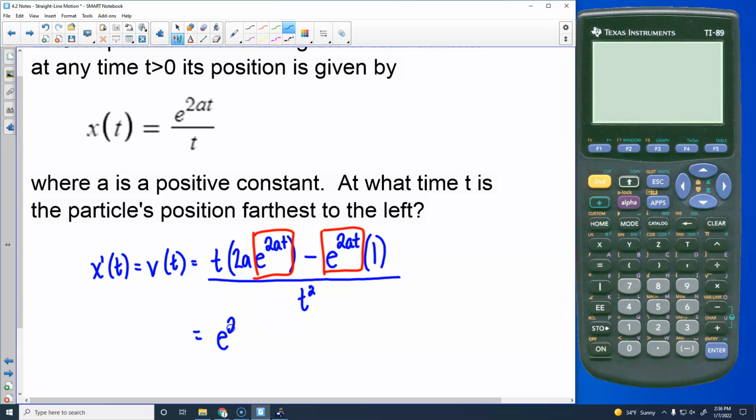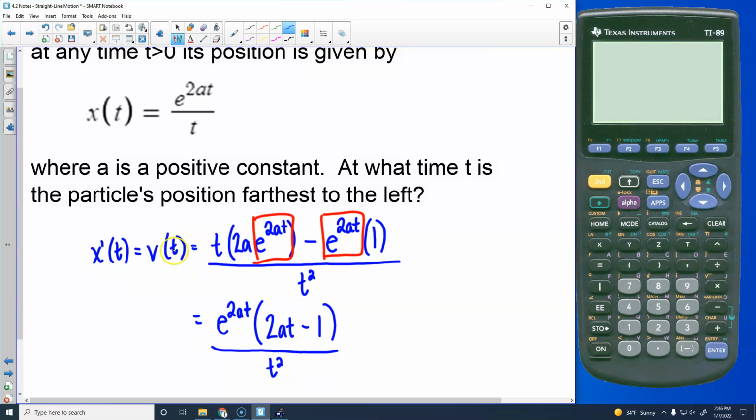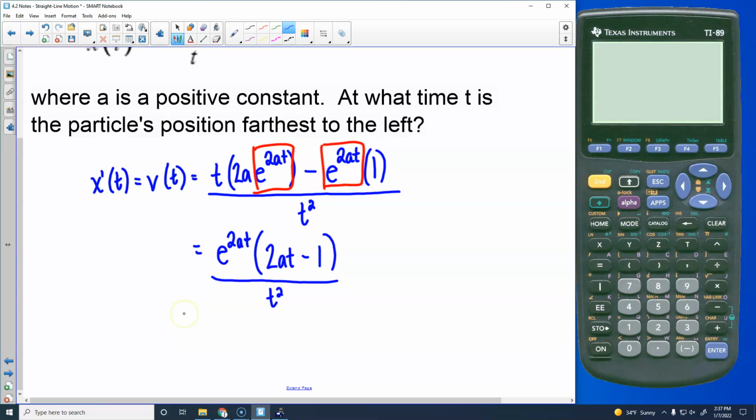E to the 2at would leave us with 2at minus 1 over t squared. You do have to keep it, yes. Because if you distribute that back, it needs to give you the same thing. And without that one, it won't do that.